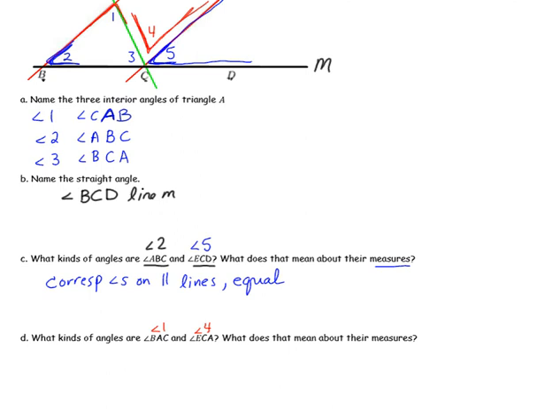So we want to know what kind of angles are angle 1 and angle 4. These are alternate interior angles. They are inside the parallel lines on alternating sides of the transversal. And what does it mean about their measures? We know that since they are on parallel lines, they are equal in measure.